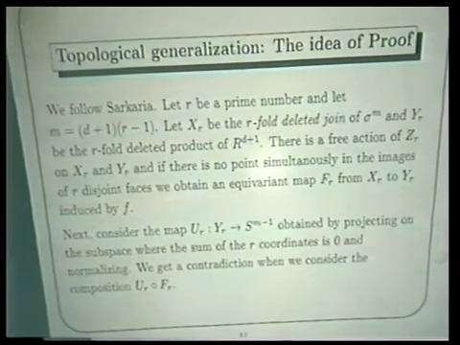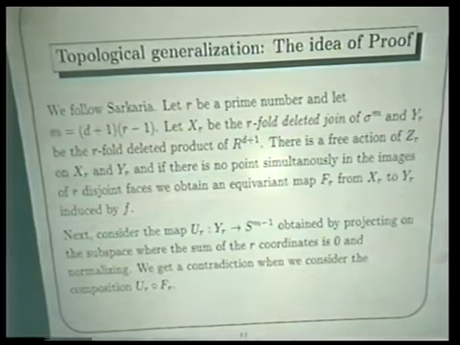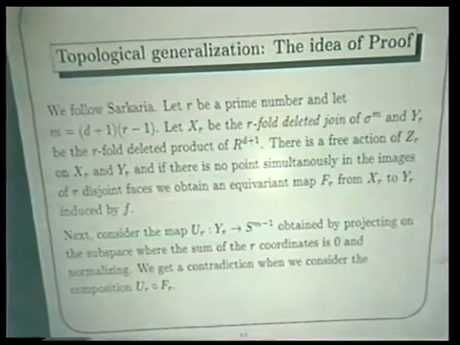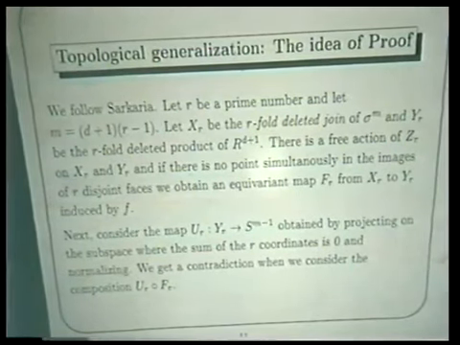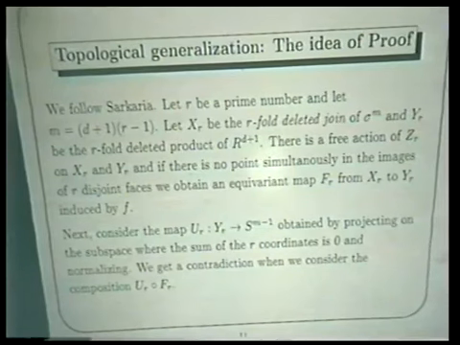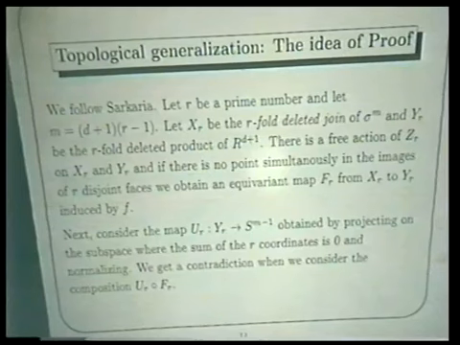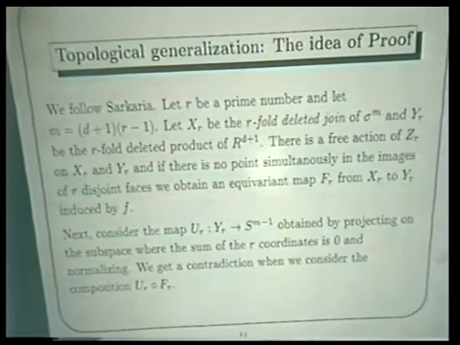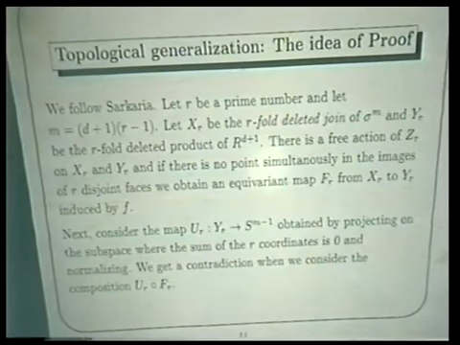When you do this, and this is just the idea, you get an equivariant map from the space Y_r, which is highly connected, to the sphere, and this is impossible by a not so difficult theorem in topology. Actually, when r is 2, this is just the Borsuk-Ulam theorem. And this is a similar type of result.